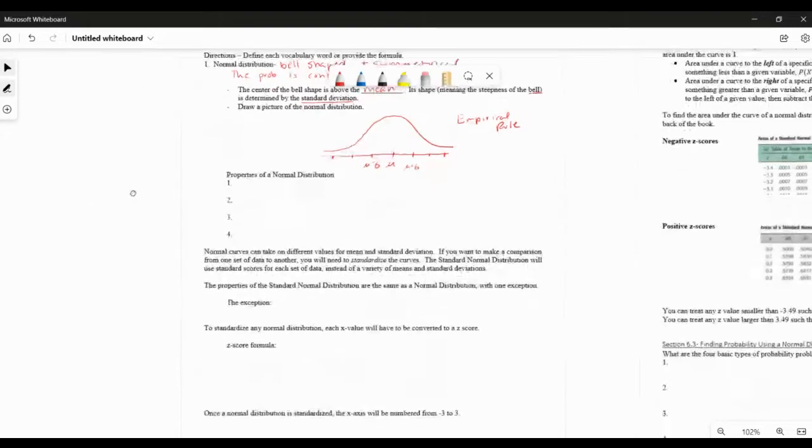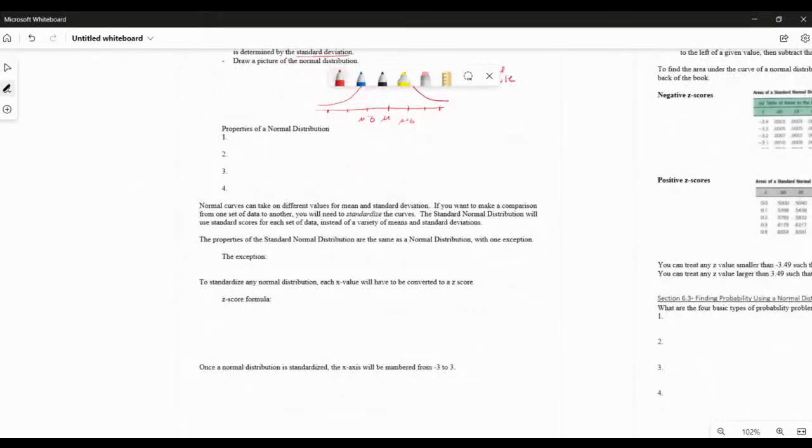All right, so properties of the normal distribution. Okay, the first one we've already talked about, it's symmetrical and bell-shaped. Okay, the majority of the data is near the center. The second one, it is defined by the mean and the standard deviation.